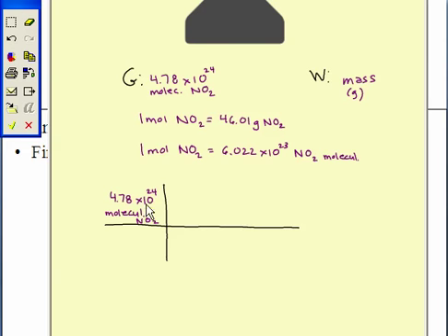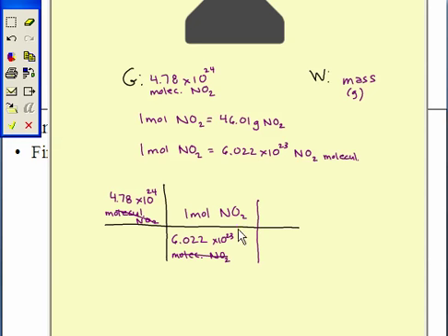So we're given 4.78 times 10 to the 24 molecules of NO2. I have molecules here, molecules need to be down here. So that's 6.022 times 10 to the 23 molecules of NO2. And that's equal to 1 mole of NO2. Okay, so I always make sure that my units cancel out before I go any further.